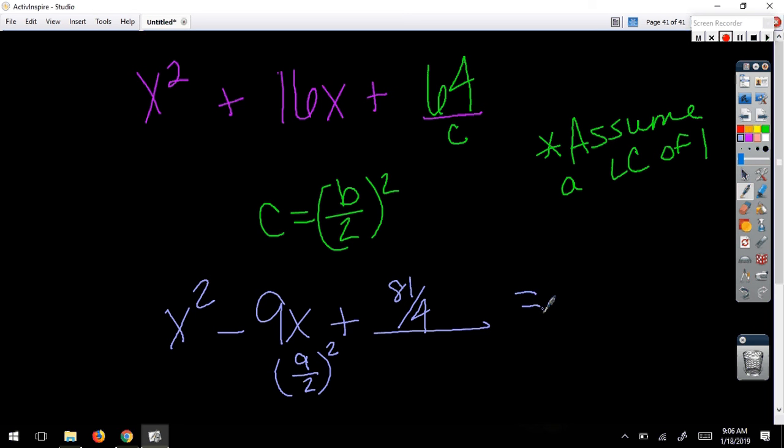Now let me take it one step further. Factor it. Remember how you factor a perfect square trinomial? What's the square root of the first? 1. What's the first sign? What's the square root of the end? It's really not hard. Don't make it harder than it is. Look at the first one that we found a good C for.